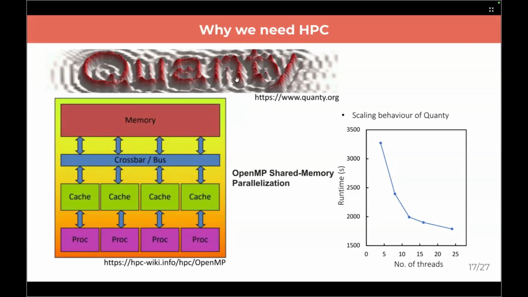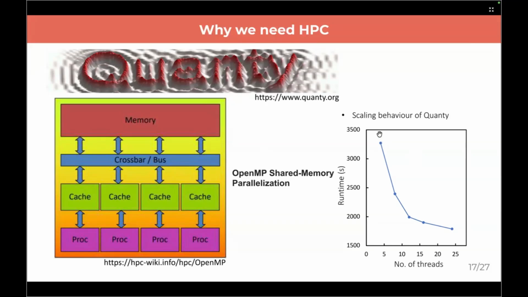Actually, all the calculations I show here, at least those conducted by me, I use the so-called Quanty code, and the Crispy software I just introduced can also export the input in the Quanty format and run it with the code. This Quanty code adopts OpenMP shared memory parallelization.